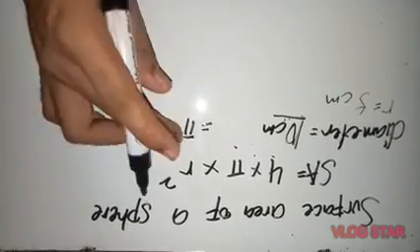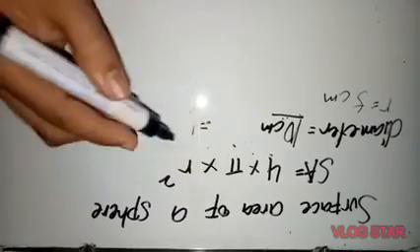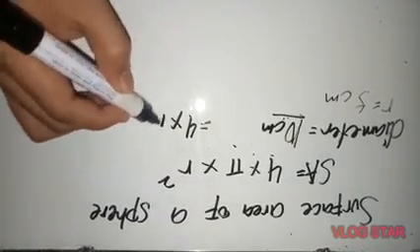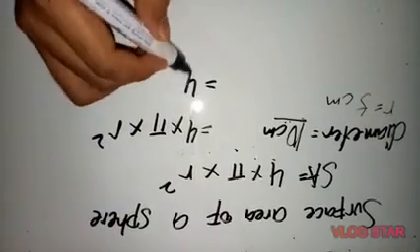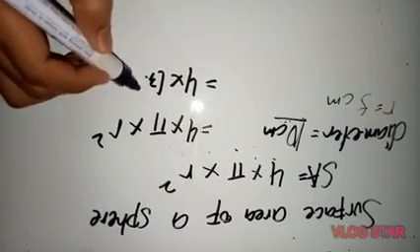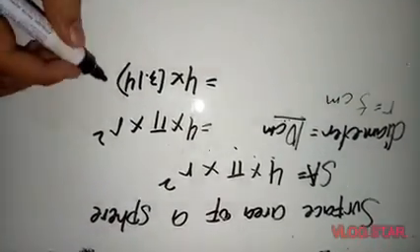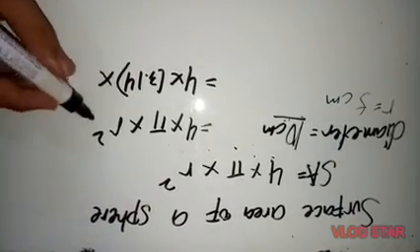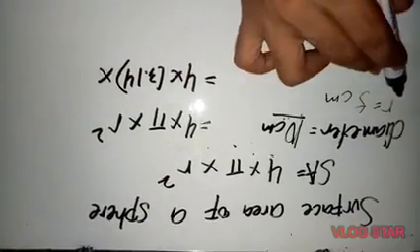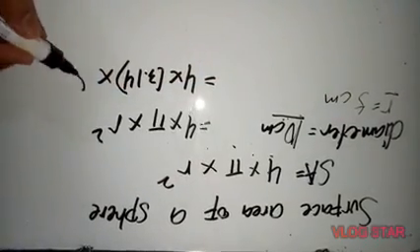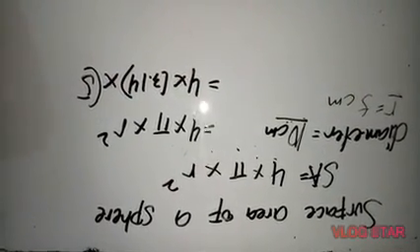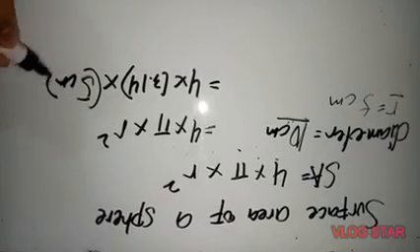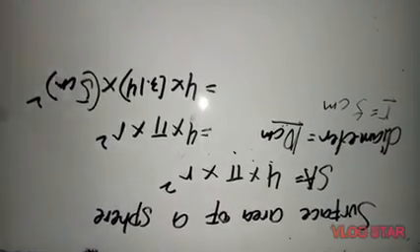So 4 times pi times r square. So 4 times 3.14, which is the value of pi, and for the r square, the value of r, which is 5, 5 cm square.